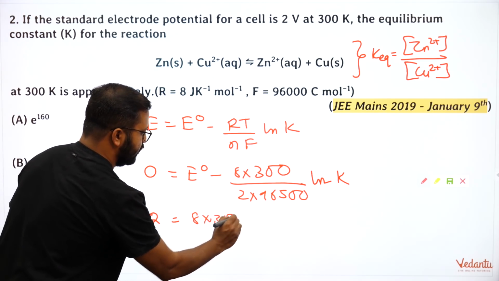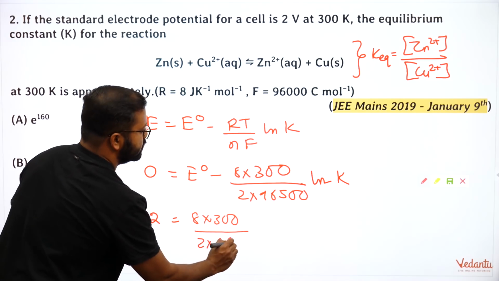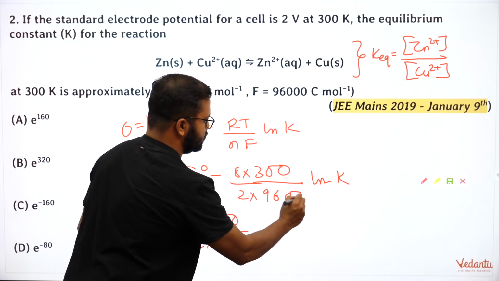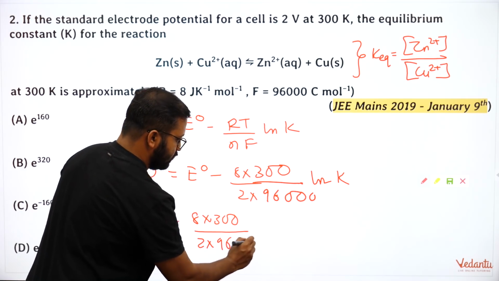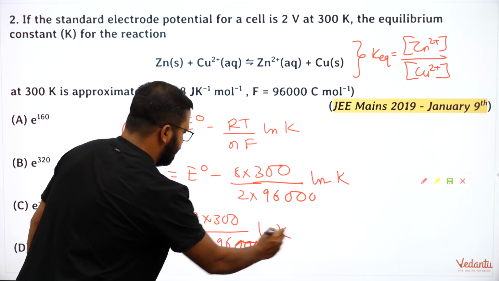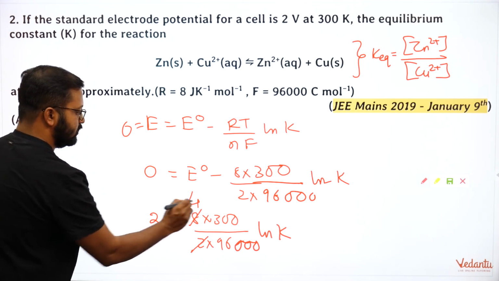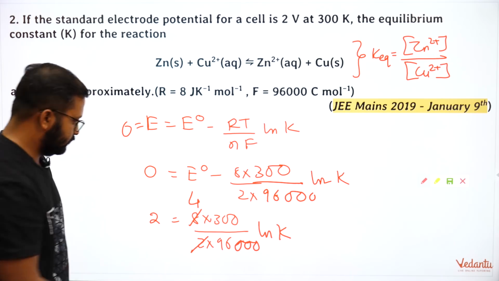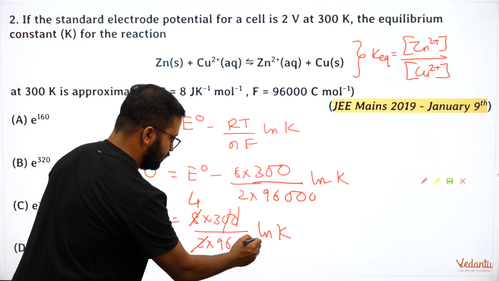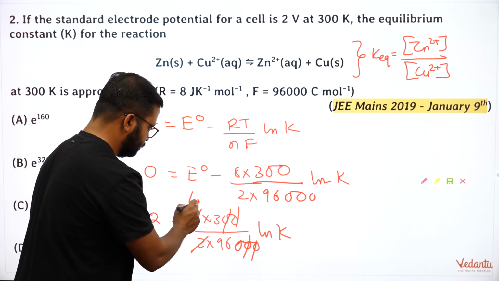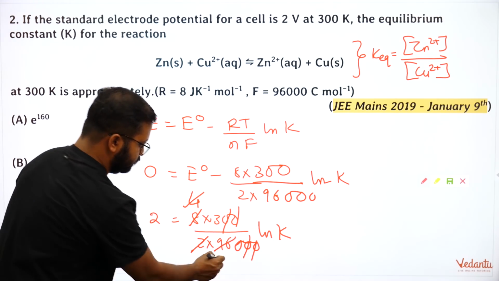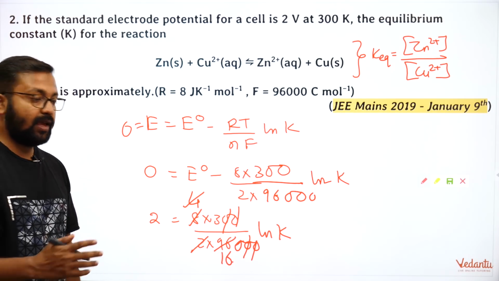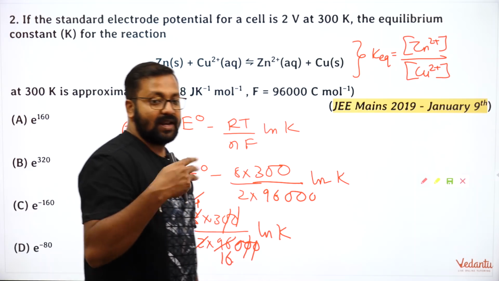8 times 300 by 2, 96. We are supposed to take it as 96000 ln K. This is 4 and 16 to 32 by 3, that will be equal to almost 150, slightly more than 150.